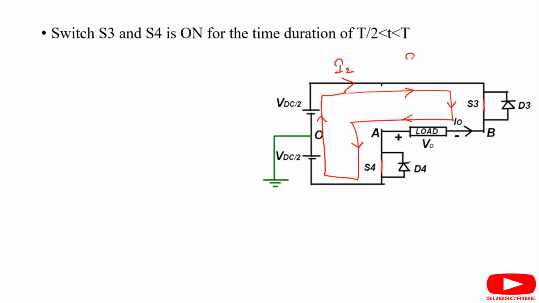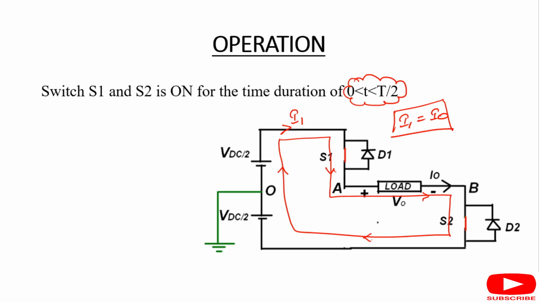That's why the I2 current, the switching current of S3 and S4, is minus I0. Why the minus sign here? Because the supply current and load current follow opposite paths in the circuit, and I1 is equal to I0 because the supply current and load current follow the path in the same direction.